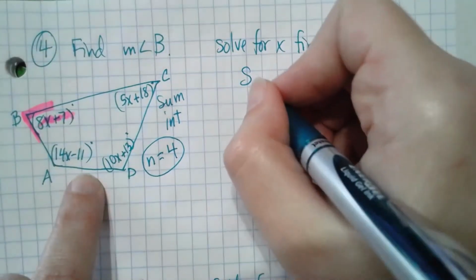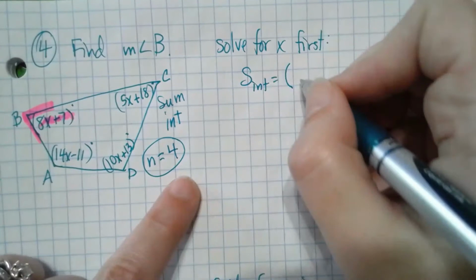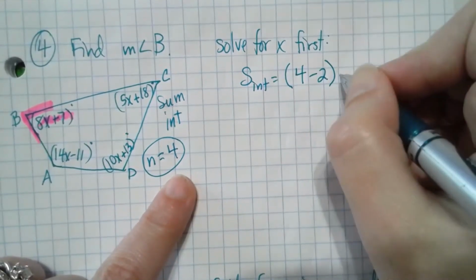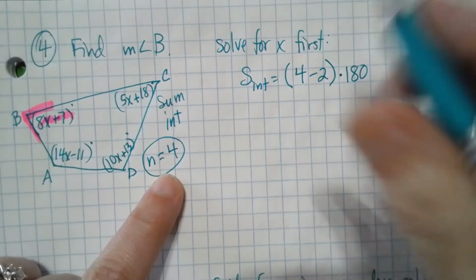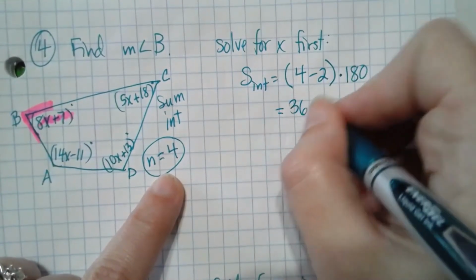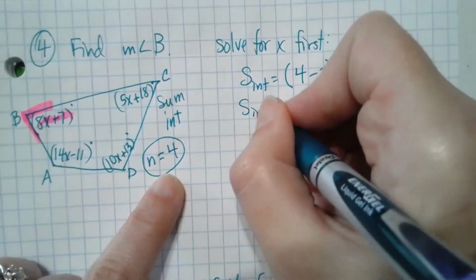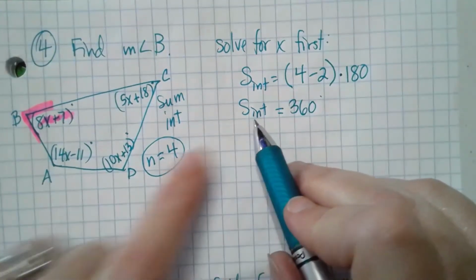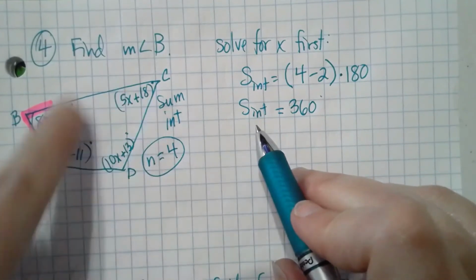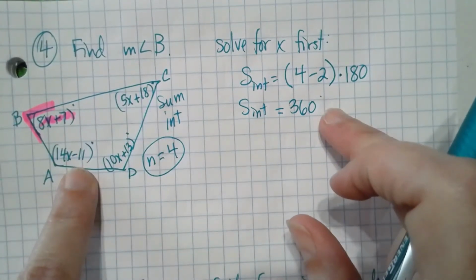So the sum of the interior angles is going to be n minus 2 times 180, where n is 4. We already did that. We said that was 360, right? Okay, so what this tells me is that if I add all 4 of these angles together, they need to add up to 360.